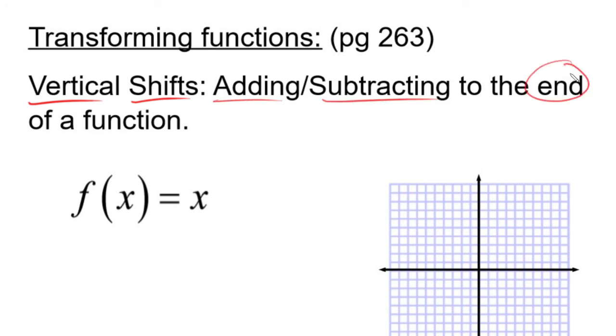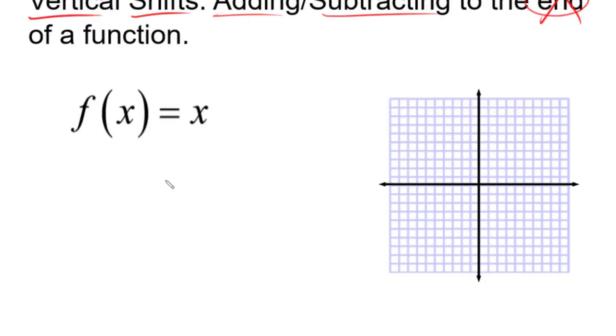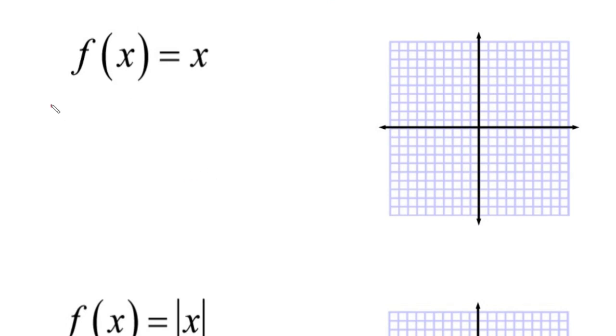And this end is not necessarily true. It's just how it's most typically seen. It's really just adding or subtracting something to the function itself. So if you had y equals x plus 1 and y equals 1 plus x, these give you exactly the same function. And it's a transformation of the parent function.